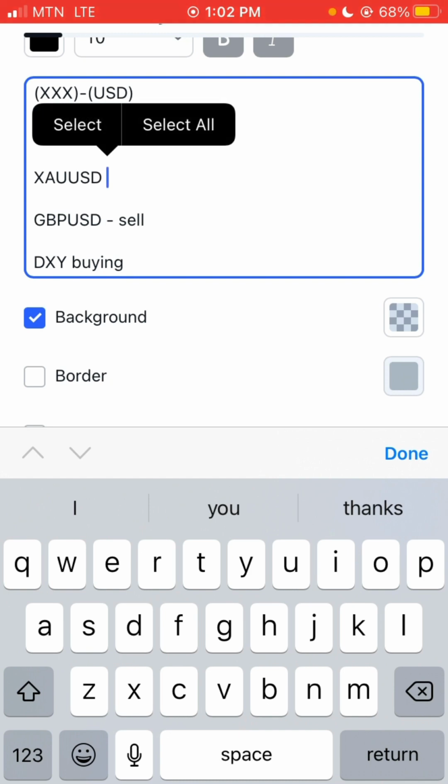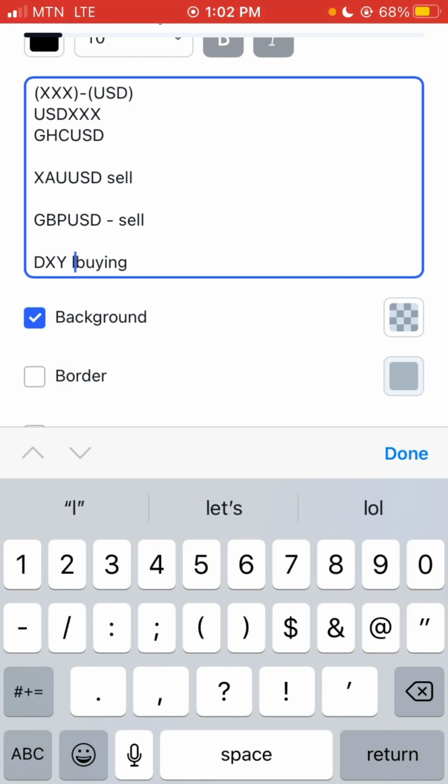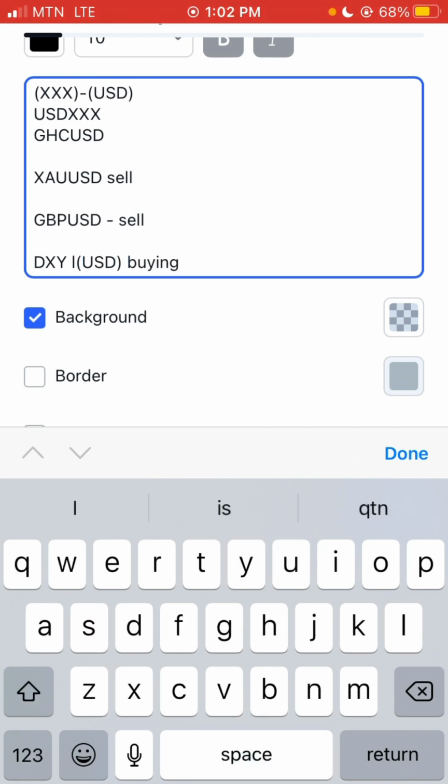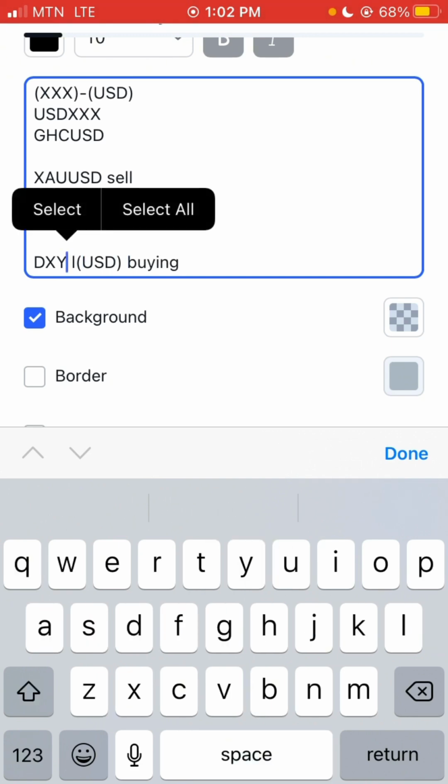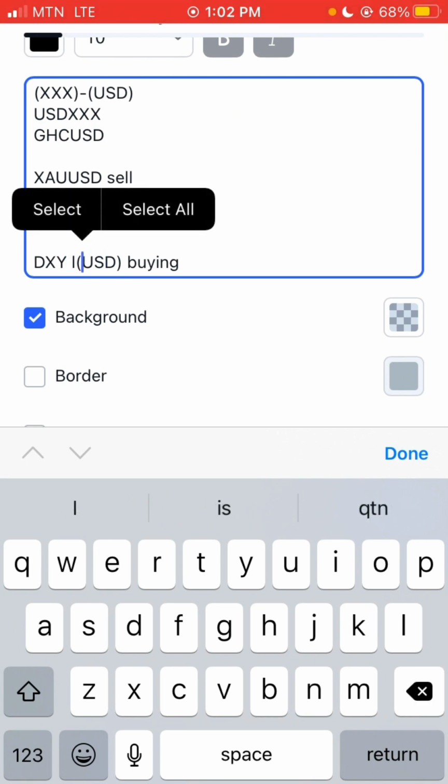And gold will also sell, because DXY also stands for USD. So something like this. I don't know if I'm making sense here, but I hope you guys understand.